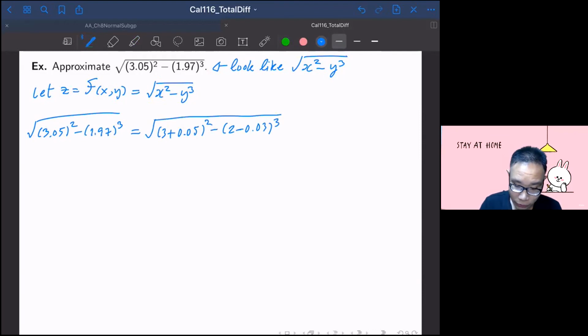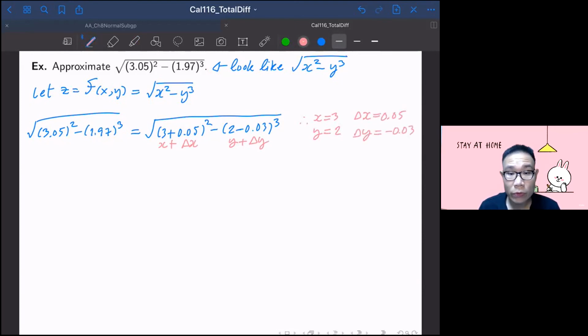And you see your x plus delta x, y plus delta y. So this allows you to see x equal to 3, y equal to 2, and you have delta x become 0.05, delta y become negative 0.03.